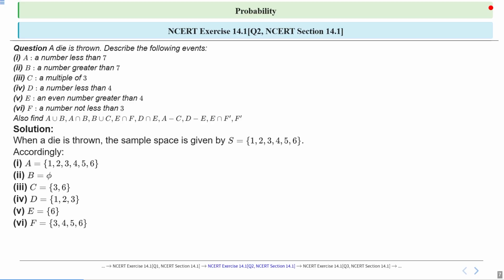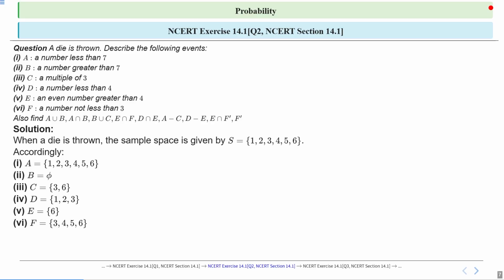And now what is event F? Event F contains all those numbers which are not less than 3. You will get 3, 4, 5, 6, these numbers which are not less than 3. So event F contains 3, 4, 5, 6. Clear?